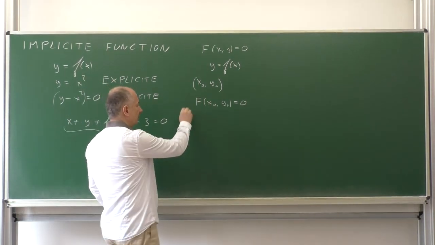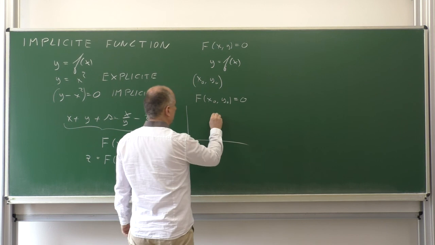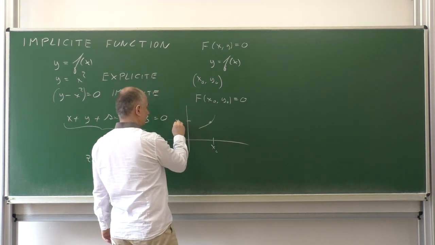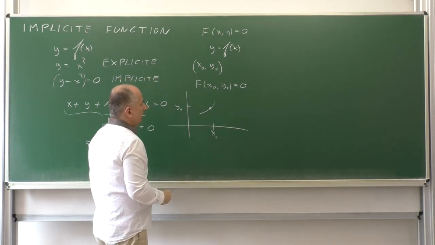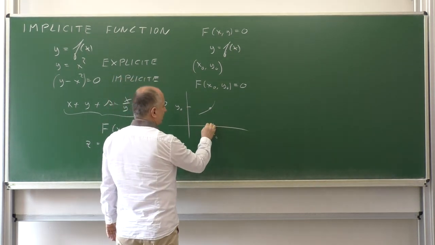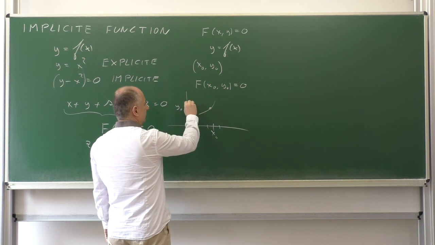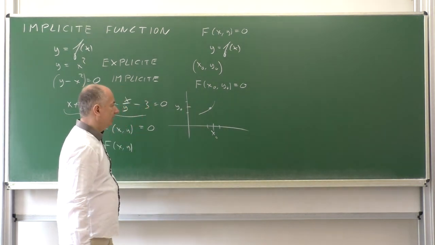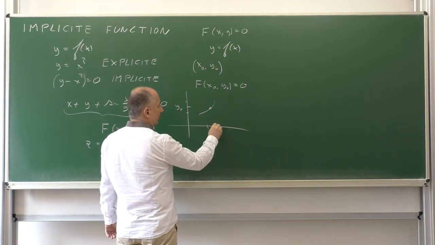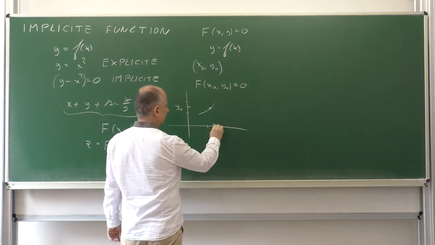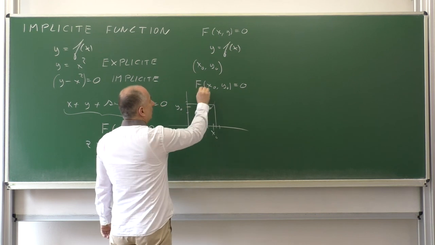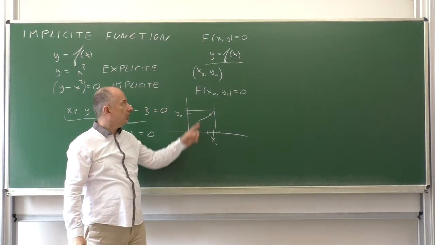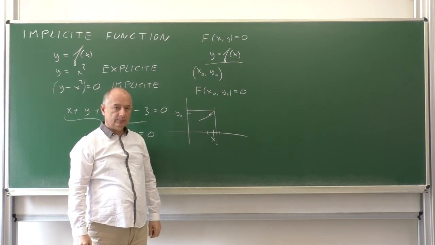And we want that there is some neighborhood of x0, and some neighborhood of y0, such that for each x in this neighborhood, y is f of x is the only solution to this equation.